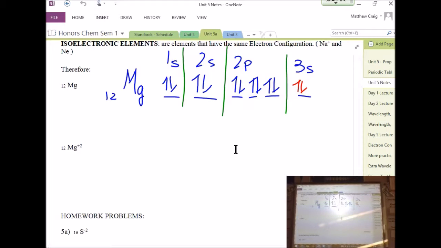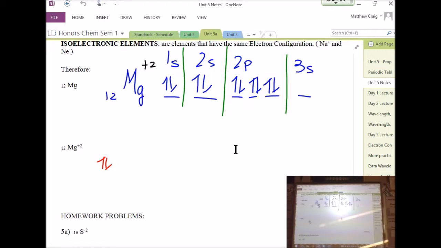When magnesium has a +2 charge, what is it going to do? Lose 2 electrons. Where is it going to lose the 2? From here? No, it's going to lose them back here. So right now is the electron configuration for magnesium with a +2 charge. So the plus or the minus charge tells you how many electrons you're either going to gain or lose. Cool.